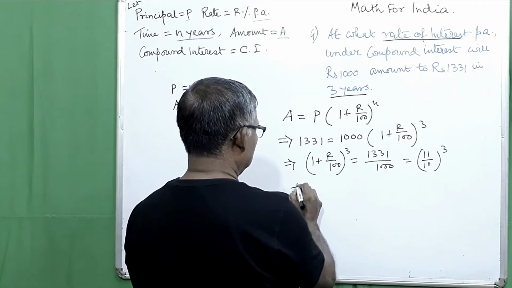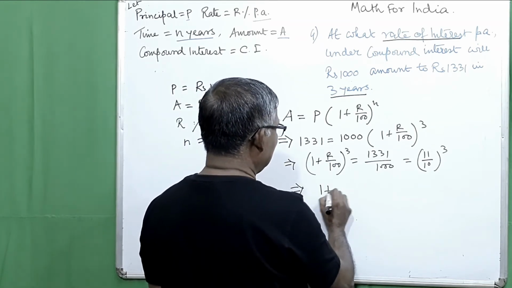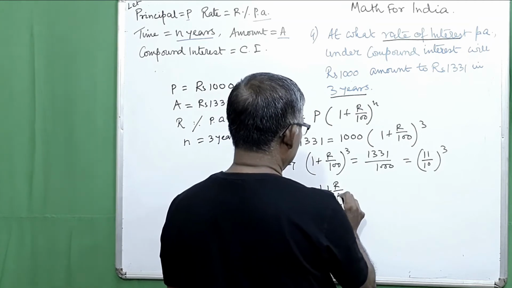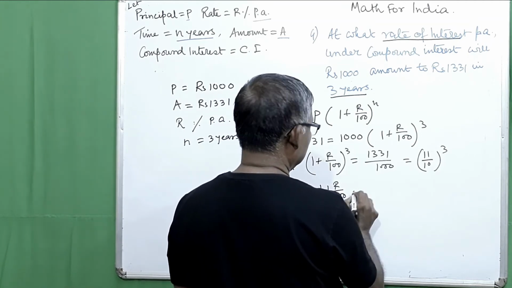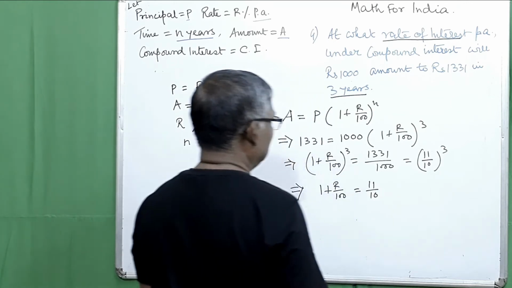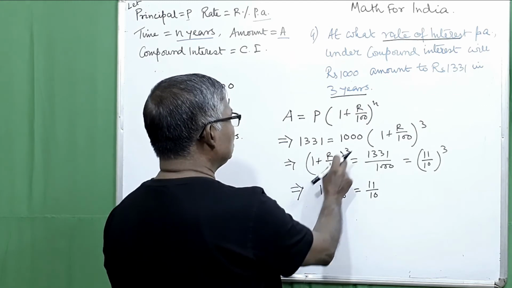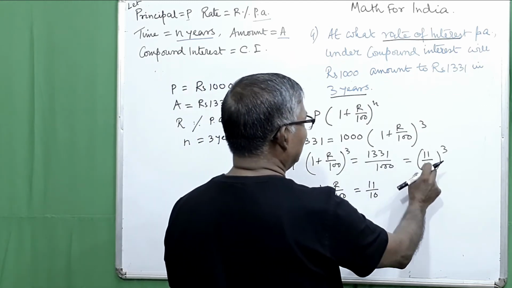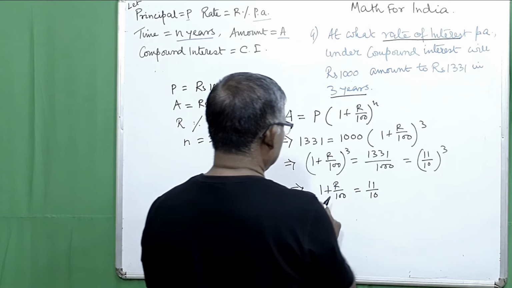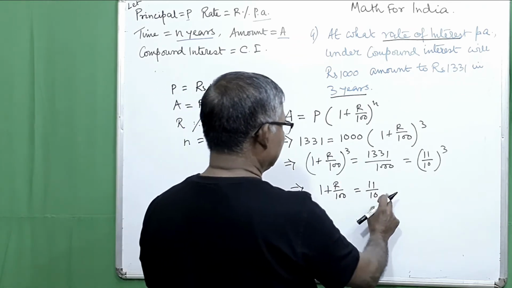So we can write 1 plus R by 100 equal to 11 by 10. We see 1 plus R by 100 whole to the power 3 equal to 11 by 10 whole to the power 3. Therefore 1 plus R by 100 equal to 11 by 10.